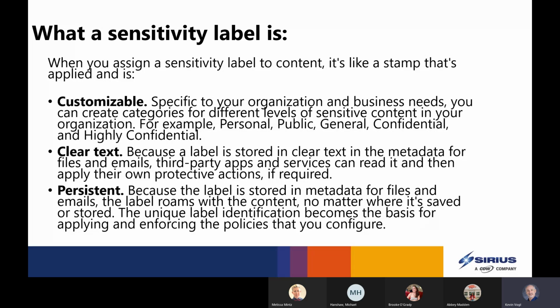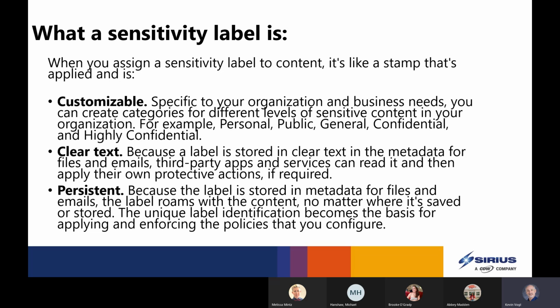So really easy for you to use this, whether it's inside of Office 365 or third-party applications. And then you can do it as a persistent metadata on all files and emails. You can set up labels that go on there.